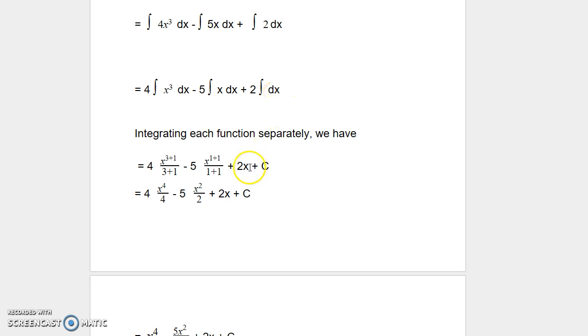Integral dx is integral 1 dx. That means it changes to 2x, and then we are always going to add a constant of integration after we complete the process. So this is the way we write it out.